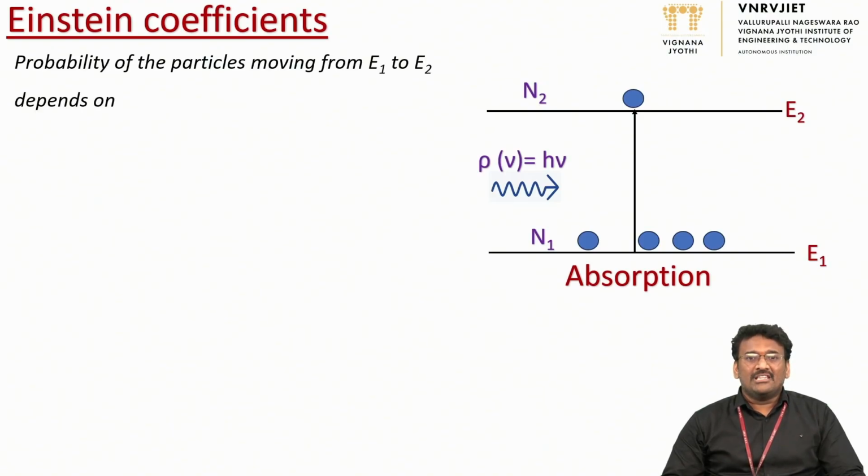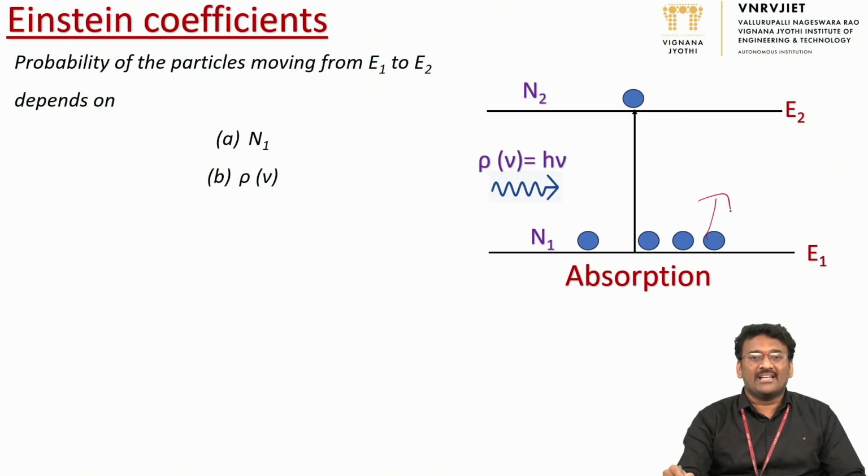Now, mathematically, the probability of particles moving from state 1 to state 2, that is E1 state to E2 state, depends on what factors? The number of particles available in the lower state, and the amount of energy I am giving. Without energy or without particles they cannot excite.